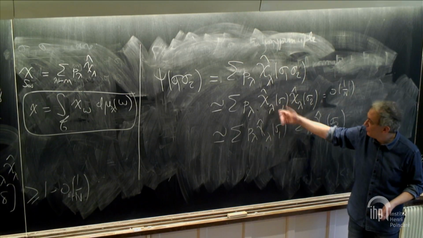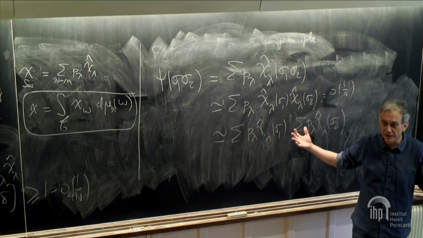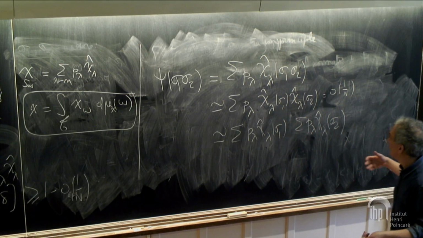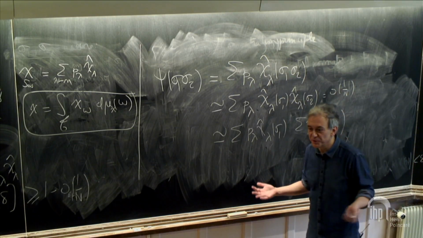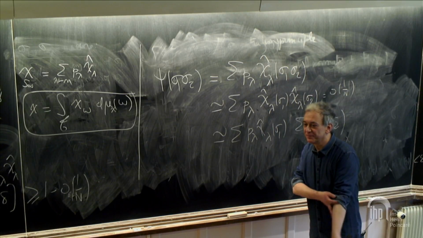You see that for different sigmas, all their covariances go to 0. So they must be concentrated, that's all.